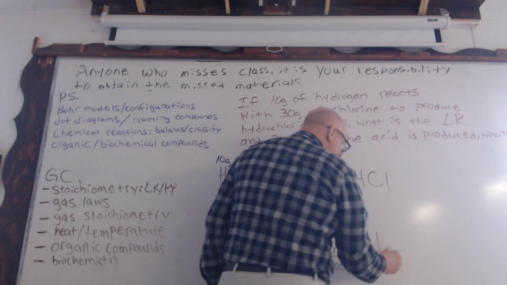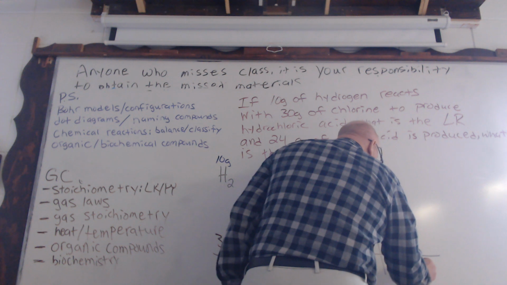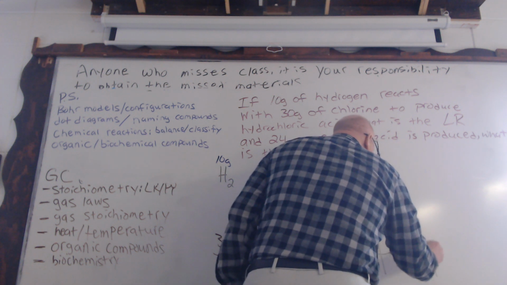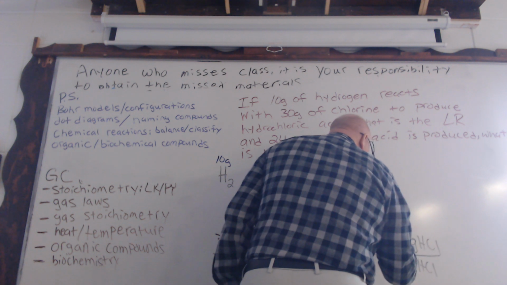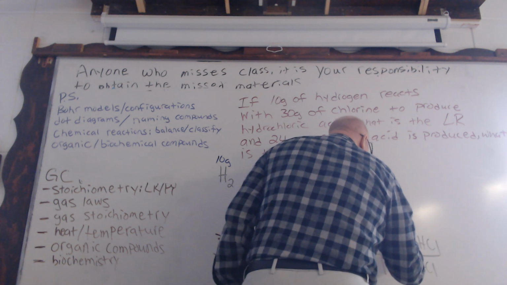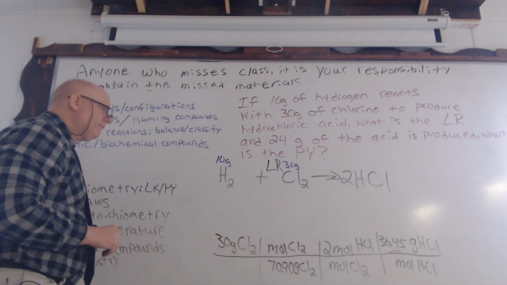Okay? Now we're on the home stretch. For every mole of HCl, we get grams of HCl, which is somewhere around 36.45, I think. Okay.